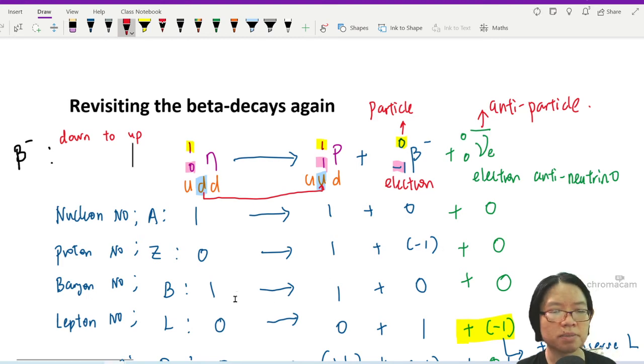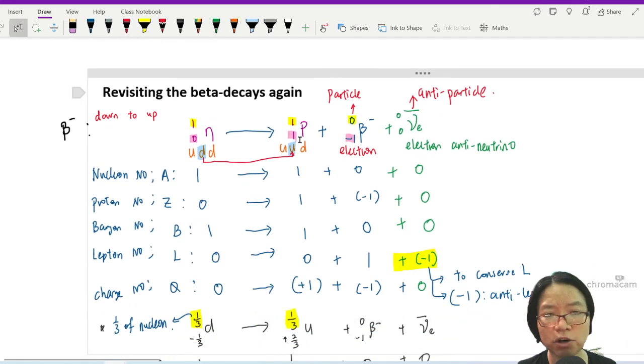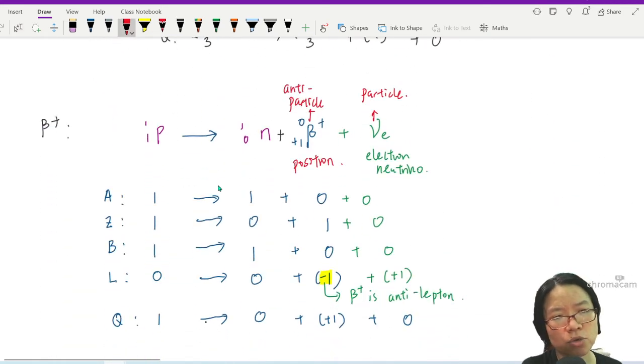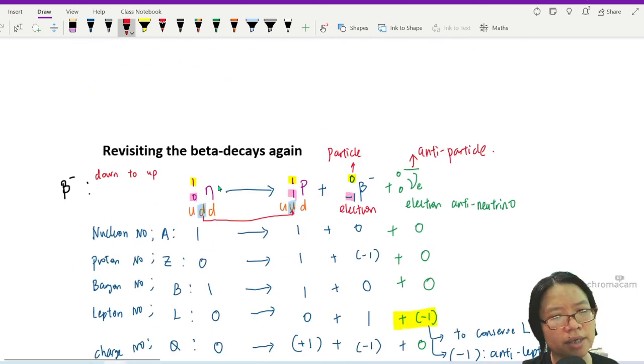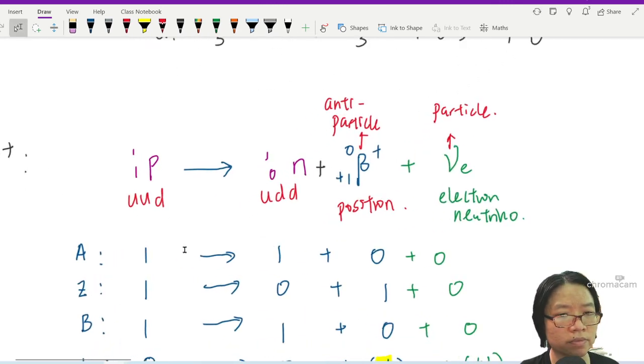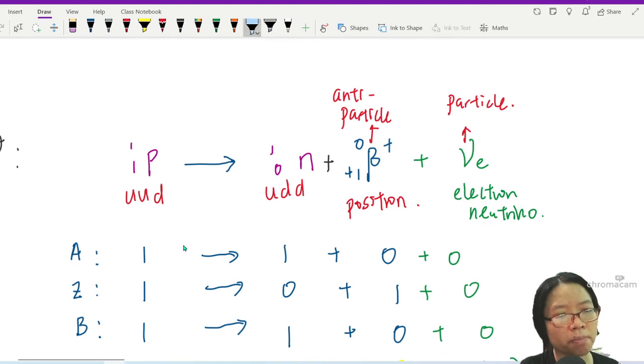Okay. So similarly speaking, if I go from proton to neutron, I'm not going to repeat again, but here would be up, up, down. Yes, up, down, and then this will be up, down, down. So we are going from up to down.